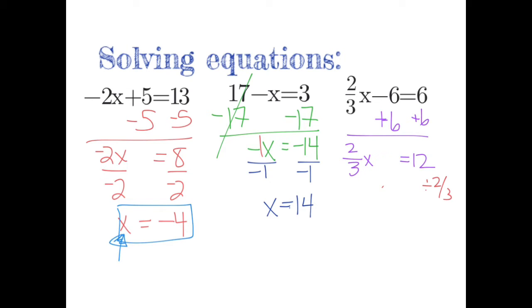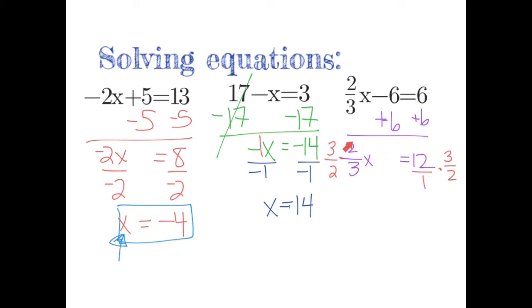However, I'm going to show you that, remember back in pre-algebra or even later middle school, you learned that when you're dividing by a fraction, it's the same thing as multiplying by the reciprocal. So if we make the 12 into a 12/1 fraction, we multiply by 3/2 on both sides because that is the reciprocal of 2/3. You do that so that over here on the left-hand side, 3 times 2 is 6, 2 times 3 is 6.